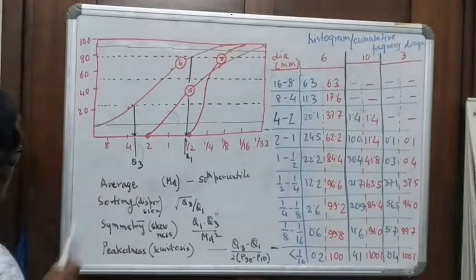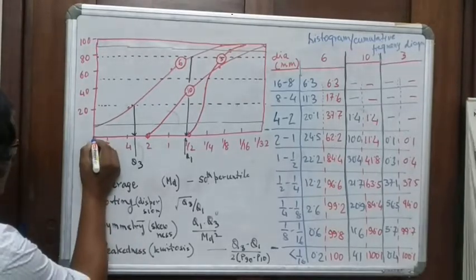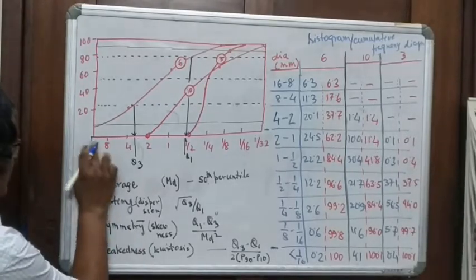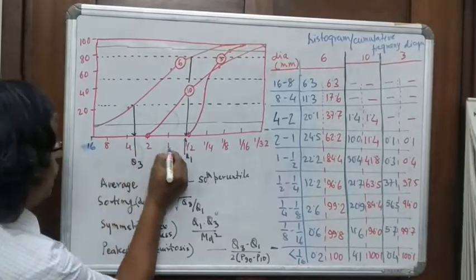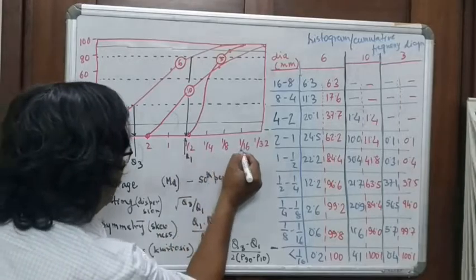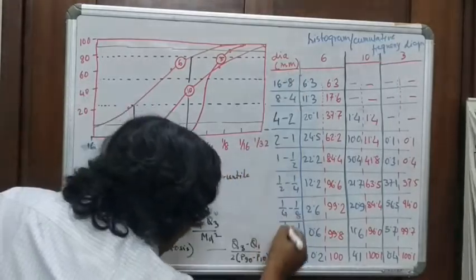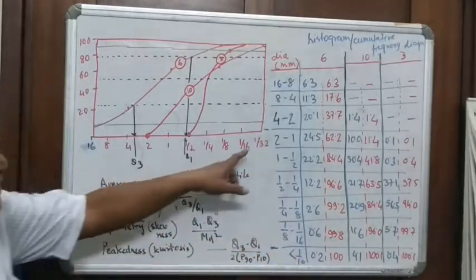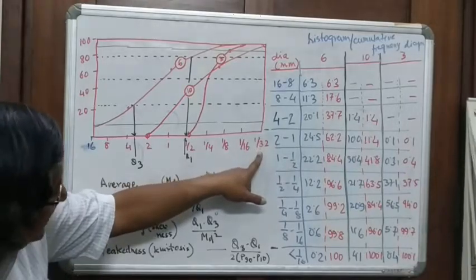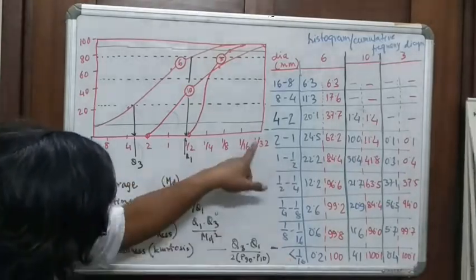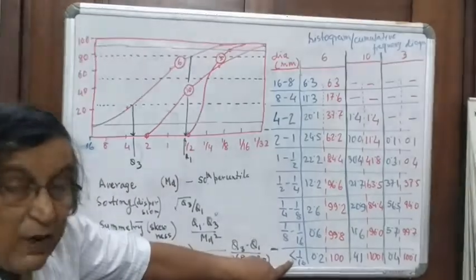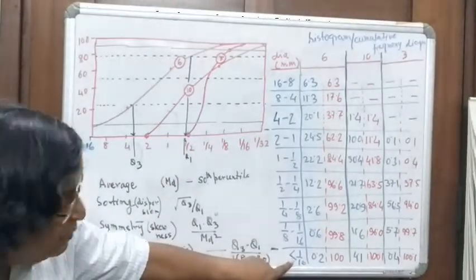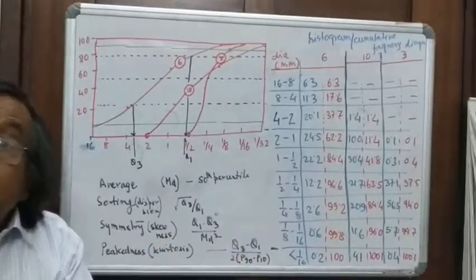You can see the size range varies here, say for example 16, 8, 4, 2, 1, half, 1/4, 1/8, 1/16, 1 by 32. All the numbers are here. Why is 1 by 32 included? Because there is a fraction less than 1 by 16. How do you plot it if you don't give it a number?